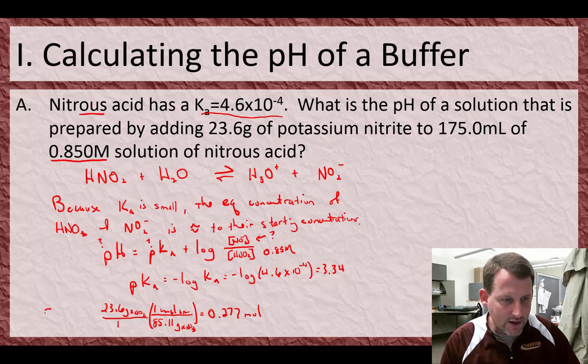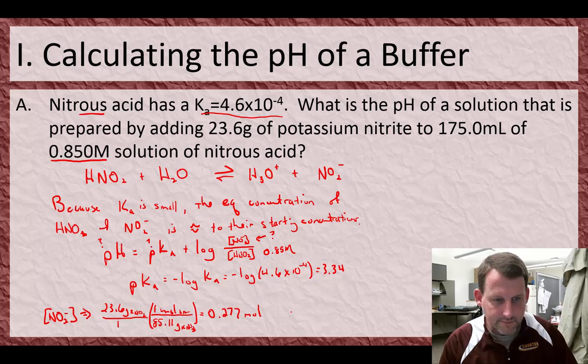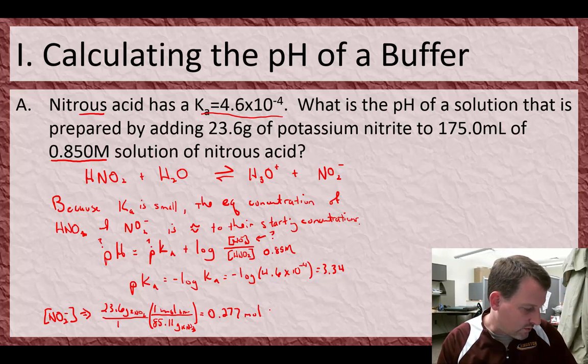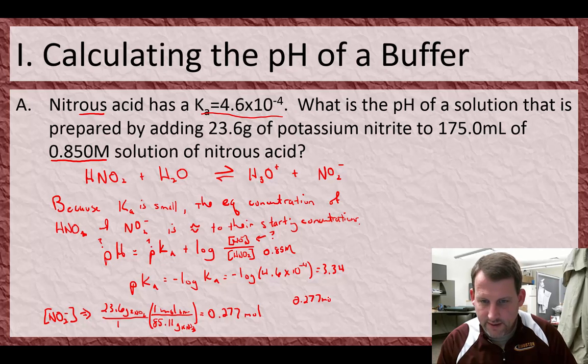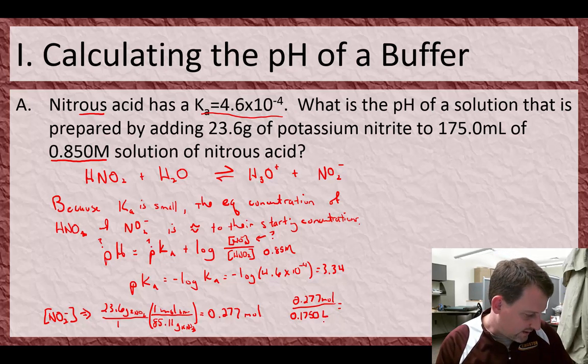And again, this is trying to find the concentration of NO2 minus. Then I just take that 0.277 moles and divide it by the volume, which in this case is 0.1750 liters. And I get a concentration of KNO2 of 1.58 molar.